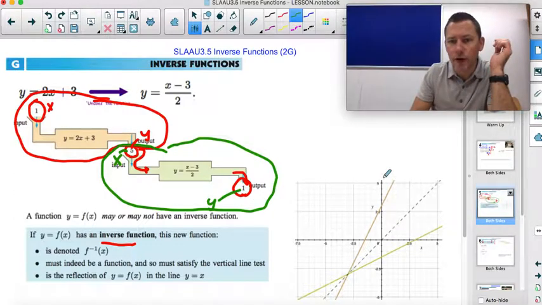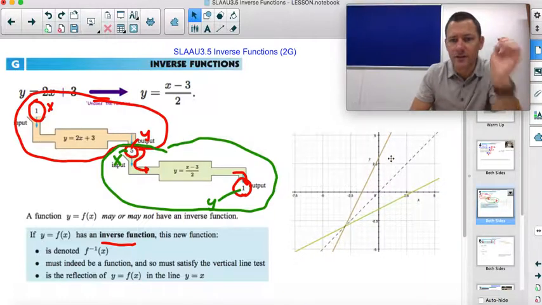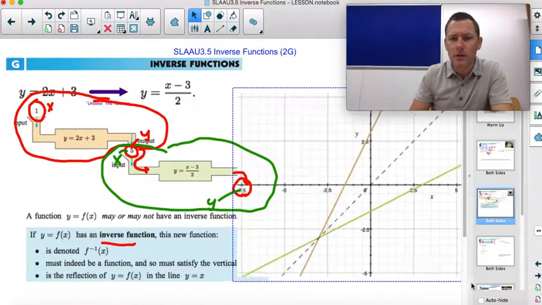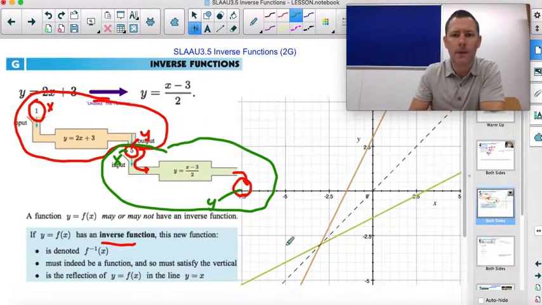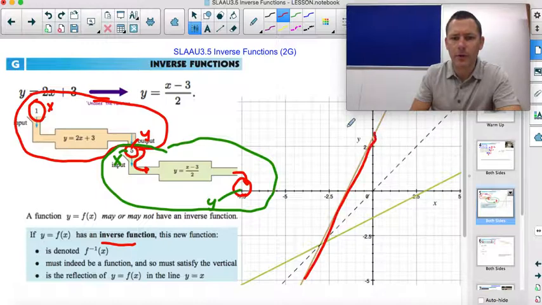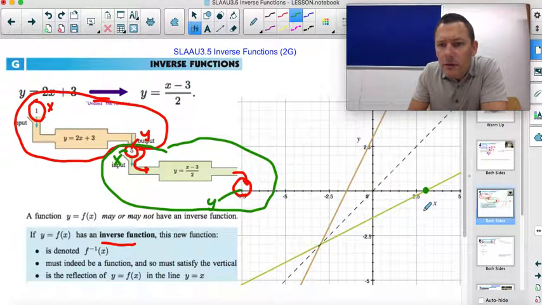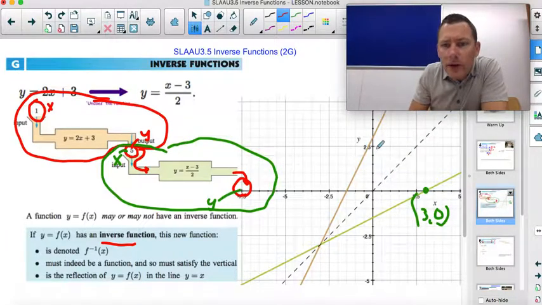You can see that if you graph a function and its inverse. Here the orange function is this line. Oh, wrong one. The green is the original, and the green is the inverse. If you look at these, this point is here, I don't know, making that up, (3, 0), and this point is (0, 3) on the original.